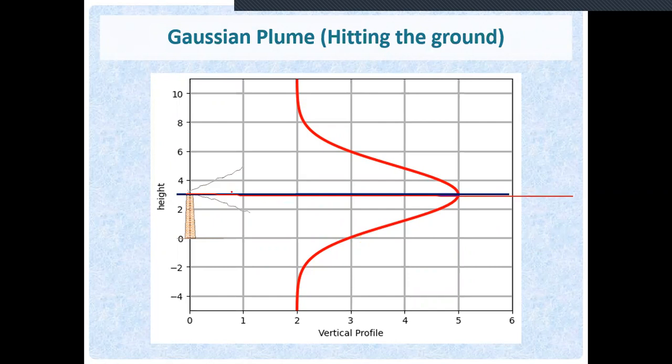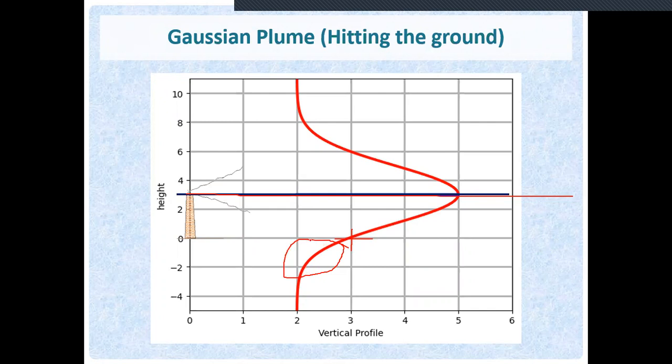Then there is going to be a problem when this profile expands with time in the x direction, in the downwind direction. We will find that at this point, the plume is going to hit the ground, and all of this concentration will be predicted inside the earth. However, this is not going to be the practical case.